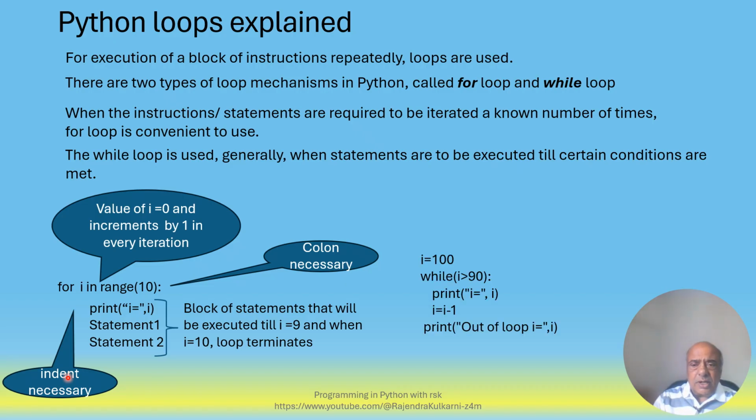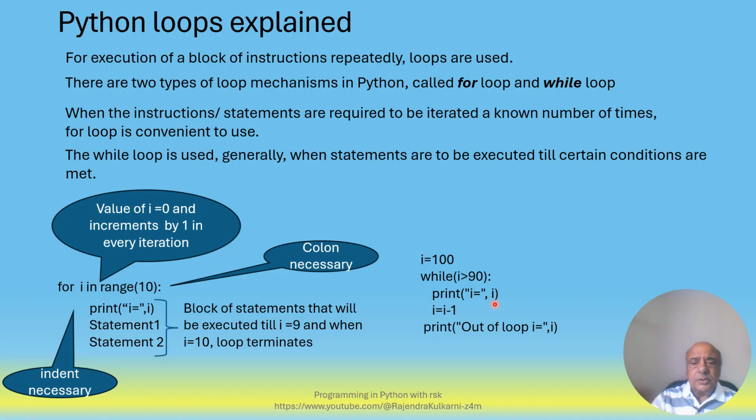Similarly, a while loop, how is it used? Suppose we have I is equal to 100, then while the condition I is more than 90, print I. In a for loop the incrementation is automatic. We don't have to programmatically increment or decrement the value of I in a for loop.